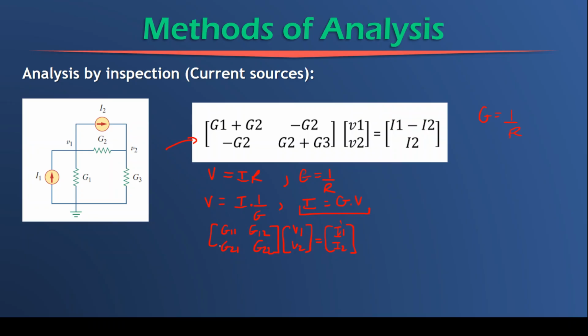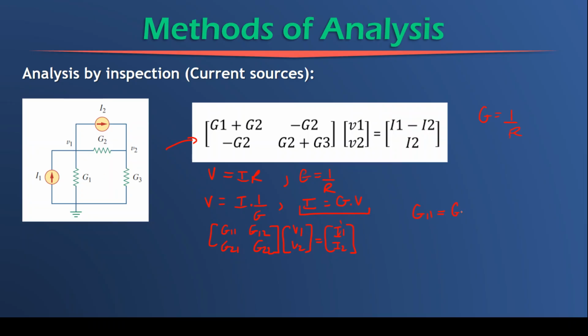Now that we have all of this, how will we find the values of G11, G22, G21 and G12? G11 is known as the conductance of resistors that are connected to terminal 1. So G11 must give you the sum of the conductances connected to point 1, and you can see that that will be G2 and G1.